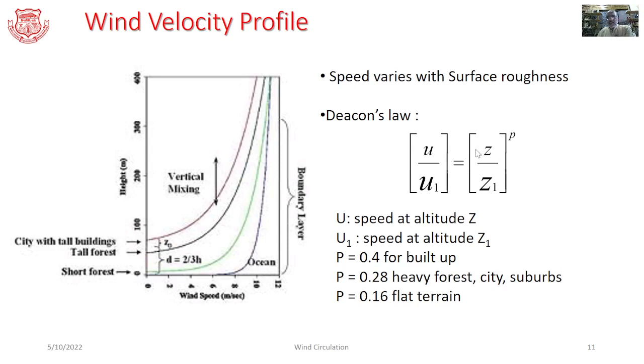So this z is a known altitude. In order to determine the wind speed at some convenient altitude z1 by taking into account the surface roughness factors as 0.4 for built up, 0.28 for heavy forest, city and suburbs, and 0.16 for flat terrain, we can determine the speed at the desired level.